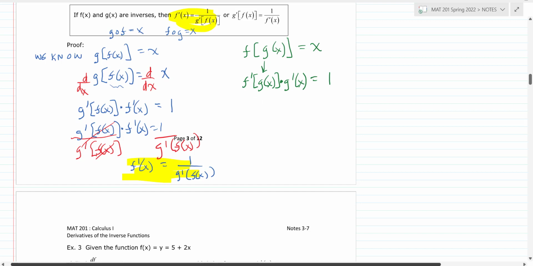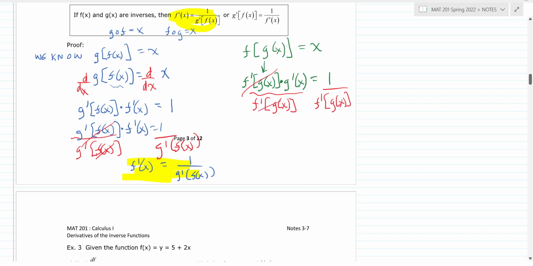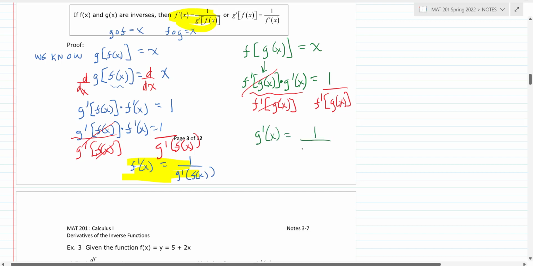Going through what I did before, I get the derivative g prime of x is equal to 1 over f prime of g of x. So I get the same thing.